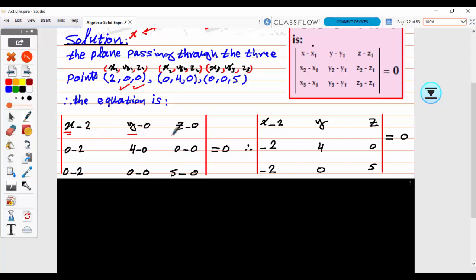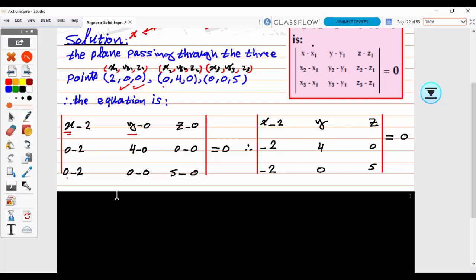In the first row, we have z minus z1, so we have z minus 0. In the second row, we have x2 minus x1. What is the value of x2? x2 equals 0, so we write 0 minus 2, and so on. We complete: 4 minus 0, 0 minus 0. And in the third row, we write 0 minus 2, 0 minus 0, 5 minus 0. The value of this determinant equals 0.